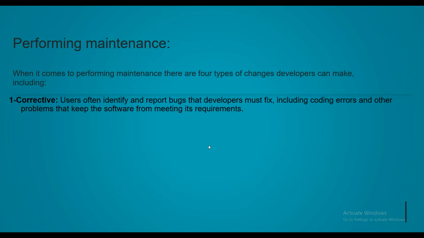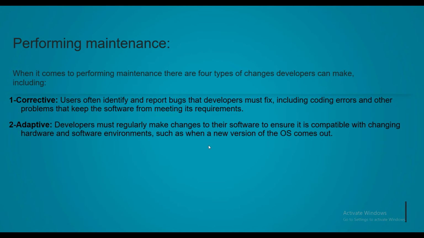Now we reach performing maintenance. When it comes to performing maintenance, there are four types of changes developers can make. The first one is corrective. Users often identify and report bugs that developers must fix, including coding errors and other problems that keep the software from meeting its requirements.